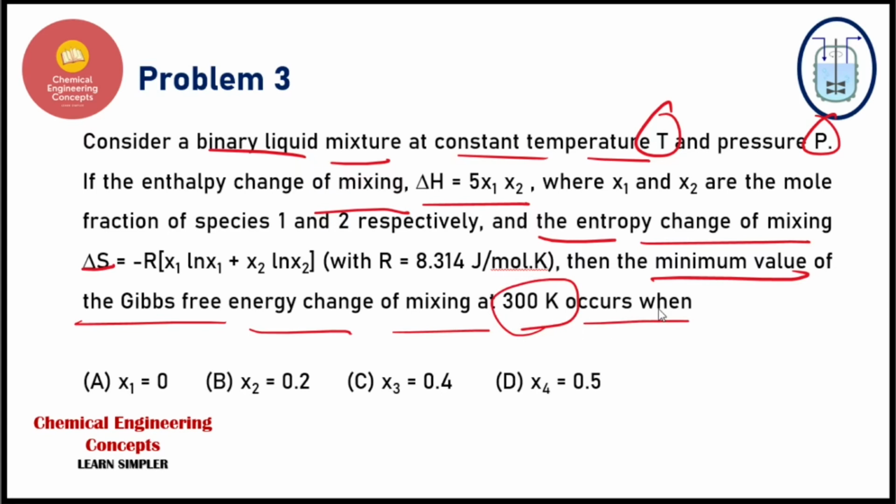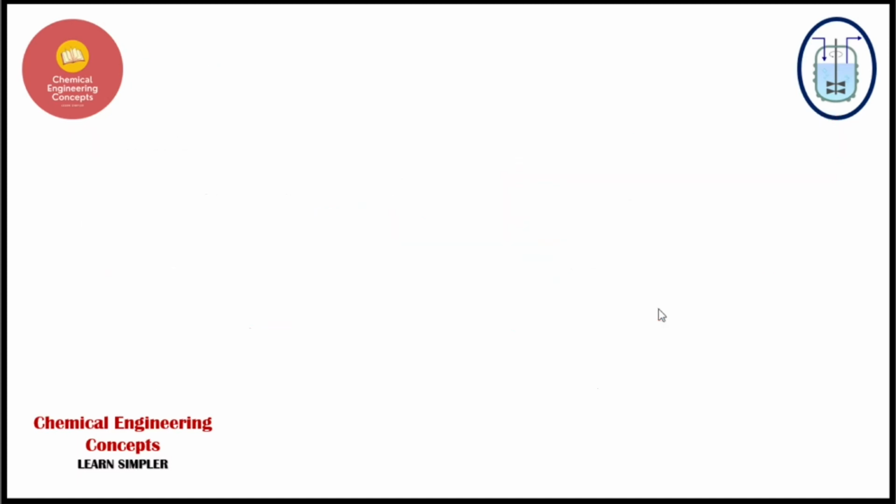So guys, to proceed in this problem, we have to first write down the definition, the basic relationship for the Gibbs free energy, right? And the delta G can be written as what? The delta G can be written as delta H minus T delta S. So we have to find out the minimum value at a constant temperature, that is temperature is to be taken as constant, right?